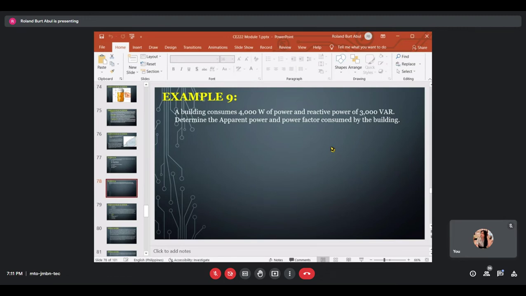So, next example, number 8. A circuit consumes 3,000 watts of real power when the apparent power is 3,600 volt ampere. So, first, determine the power factor. What is given in the problem to determine the power factor? Anyone? Yes, Tadlas.